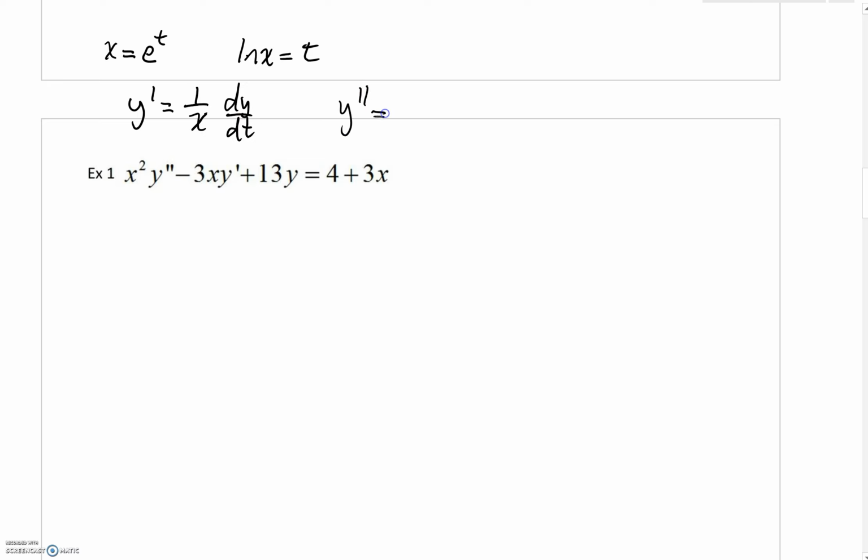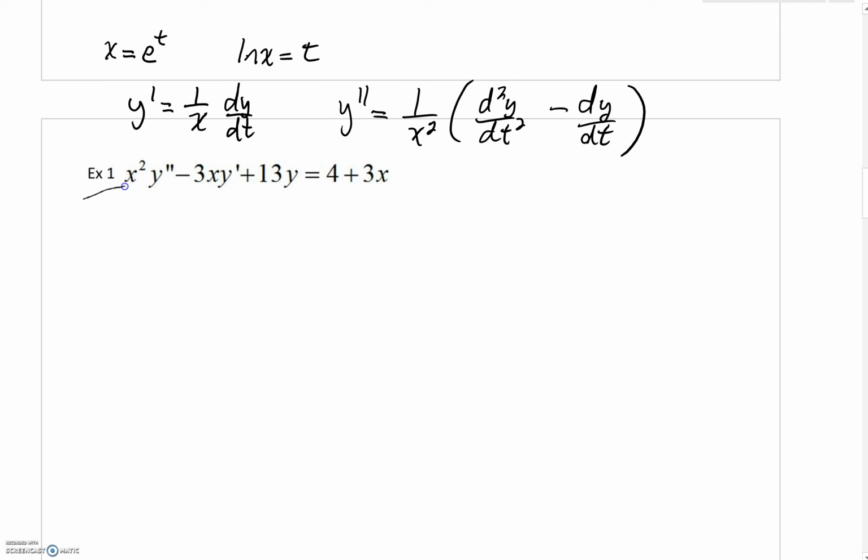We had y double prime was 1 over x squared times our second derivative of y with respect to t minus our first derivative with respect to t. So these four items right here are the critical link. And right now we're going to make these substitutions.